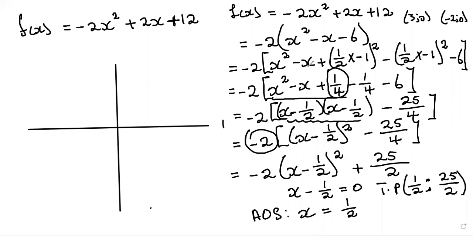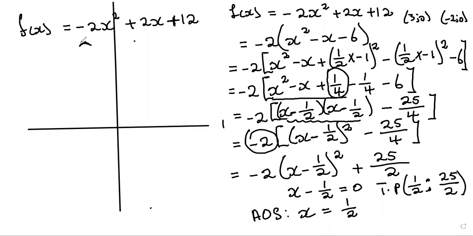It's going to be where x is half and y is 25/2, which is 12.5. So this is where the turning point is going to be. We said the y-intercept is going to be 12.